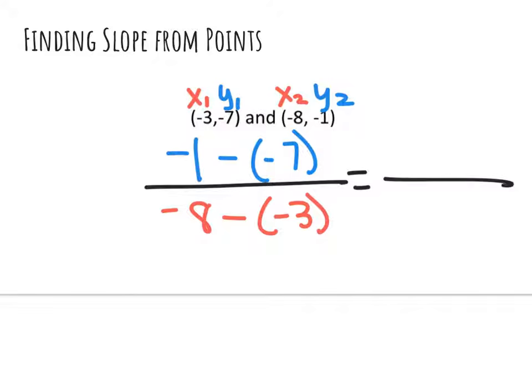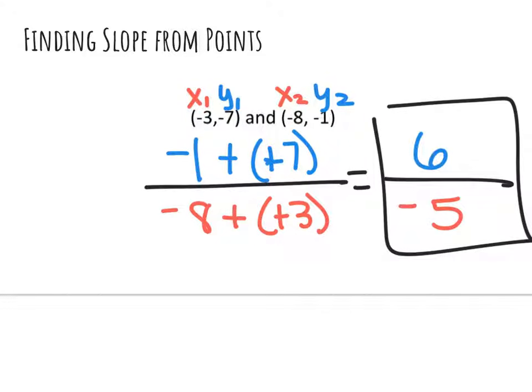If I simplify this, I'll get negative 1 minus a negative 7, which is the same thing as negative 1 plus a positive 7, which is a positive 6, over negative 8 minus a negative 3, which is the same thing as negative 8 plus a positive 3, which is negative 5. So my final answer is 6 over negative 5.